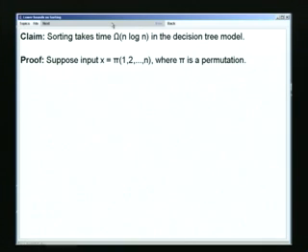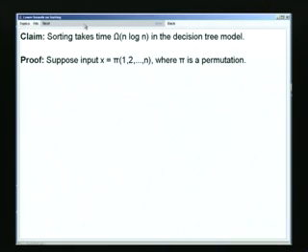So we are going to start with a certain input x. Remember, x is that sequence x1, x2, x3, and let us suppose we have a sequence x which is a permutation of the sequence 1 through n. Permutation is just a rearrangement of that sequence. So x is pi of this.